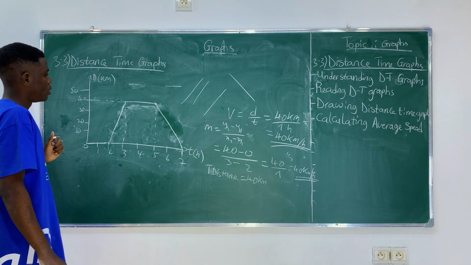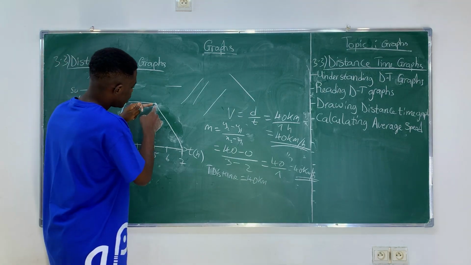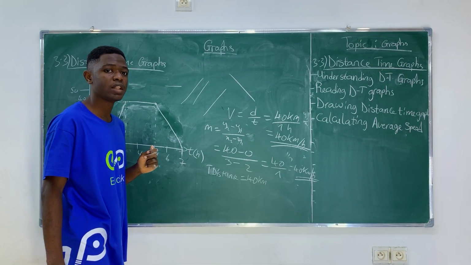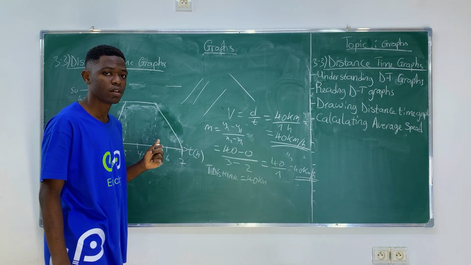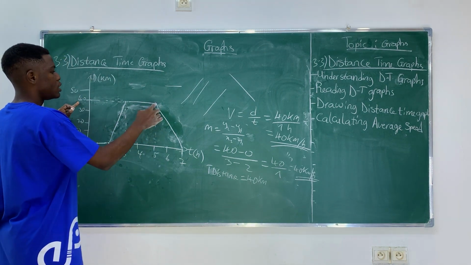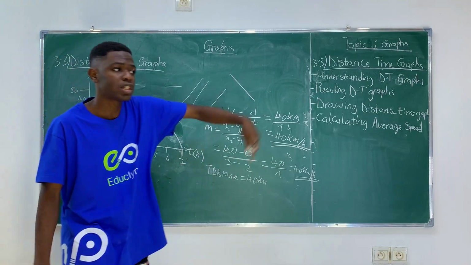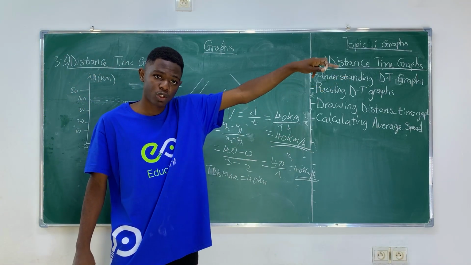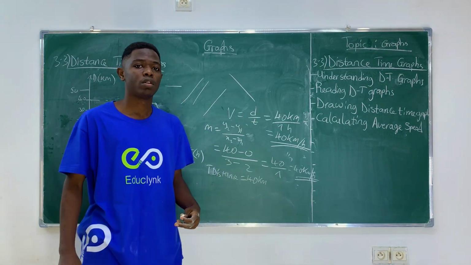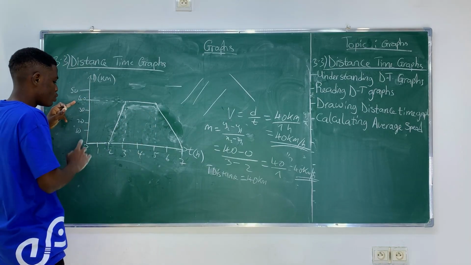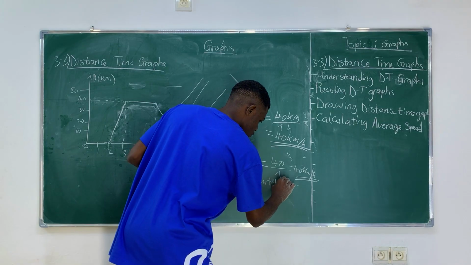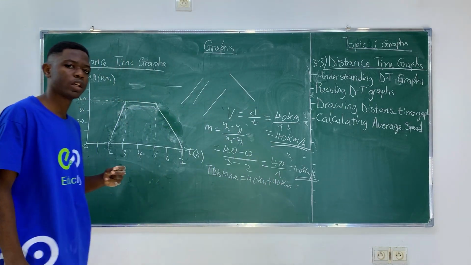So now, from this point here, from the 5th hour to the 7th hour, when it was coming down, did it have any distance? Yes. You see, it moved from 40 and went back to 0. It was 40 kilometers away. When he was at 40, he came back to 0. So from 40 back to 0, what's the distance? 40 kilometers.